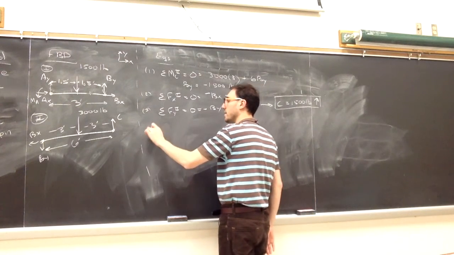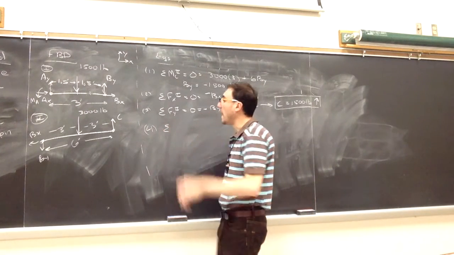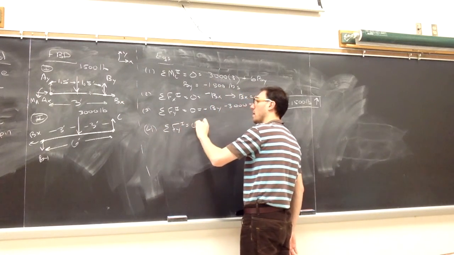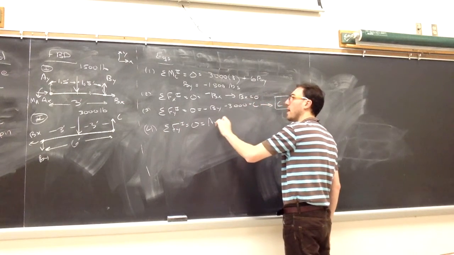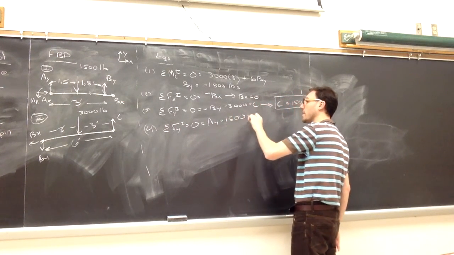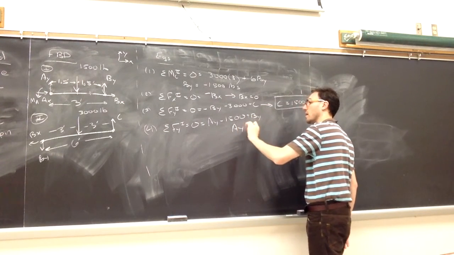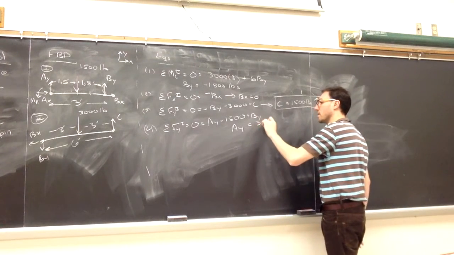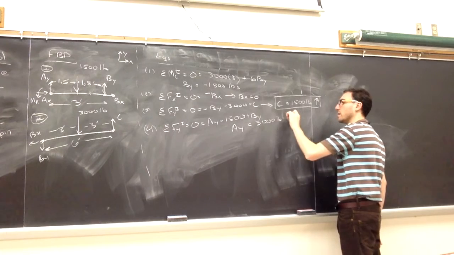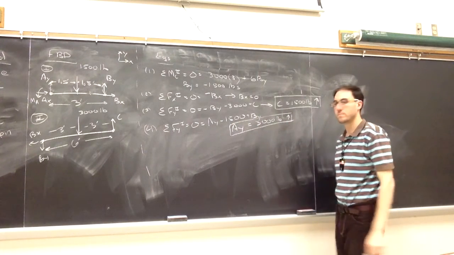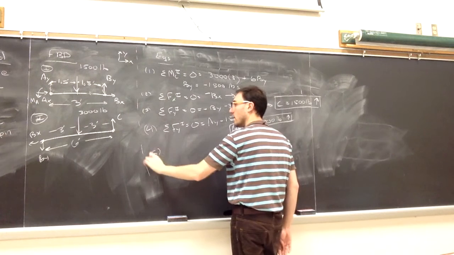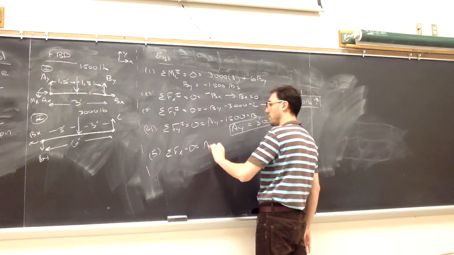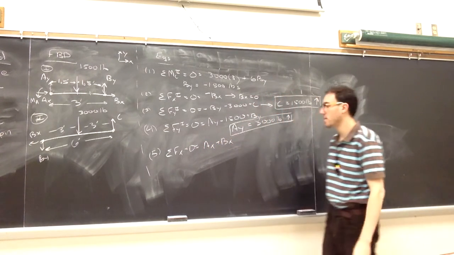Moving on to my first free body diagram. I now know By, I know Bx. I'll have AY minus 1,500 plus By. So my AY value will be positive 3,000 pounds. In the x direction, I have my AX plus BX, but I already know that BX is 0.